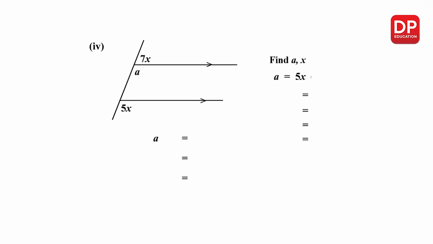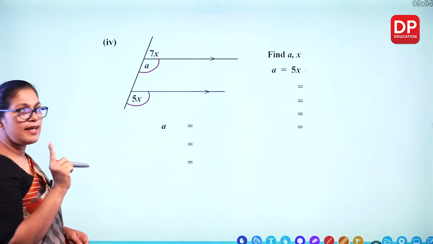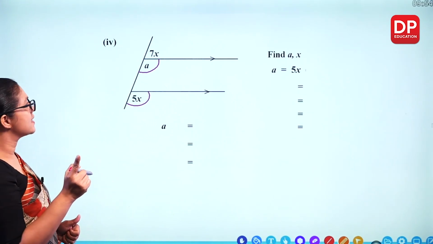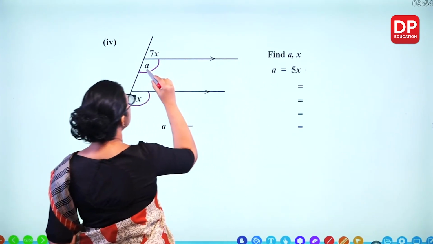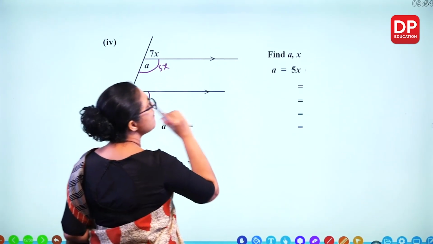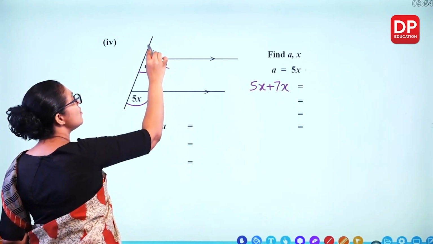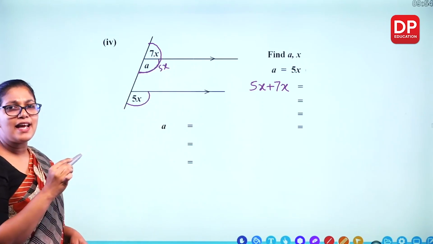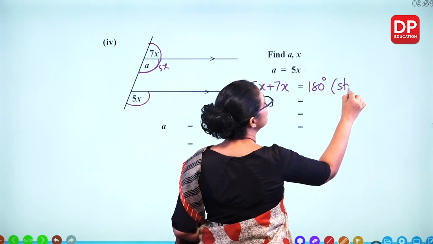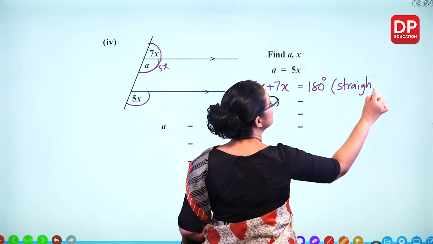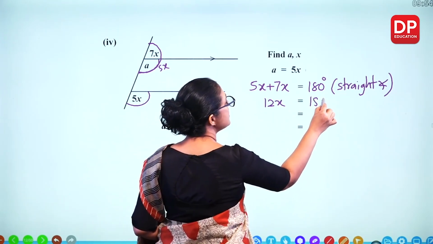Look at this one. These two are parallel. So this angle and this angle both are equal. So A equals 5x. Now we can use this straight line. 5x plus 7x is equal to 180, straight angle. So 12x equals 180.